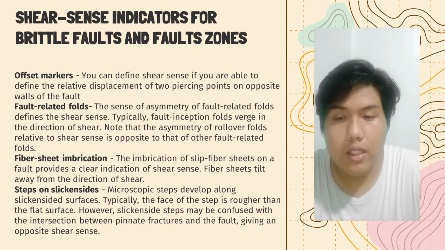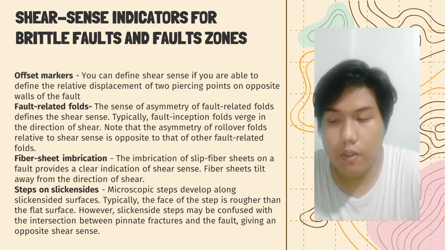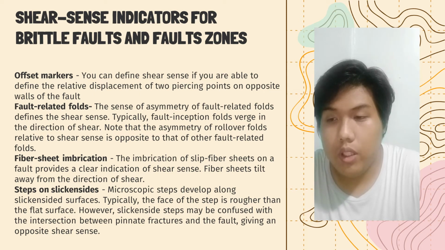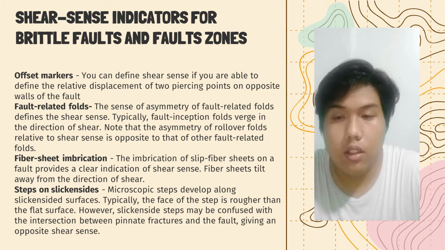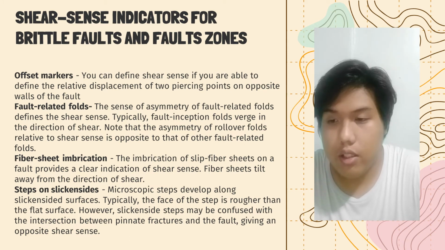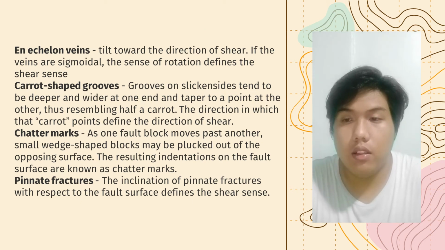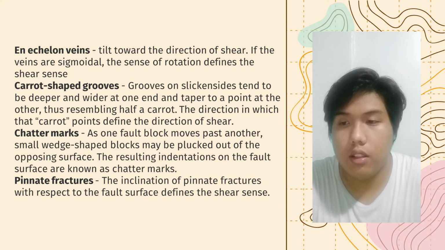Typically, the face of the steps is rougher than the flat surface. However, slickenside steps may be confused with the intersection between pinnate fractures and the fault, giving an opposite shear sense. En echelon veins tilt toward the direction of shear. If the veins are sigmoidal, the sense of rotation defines the shear sense.